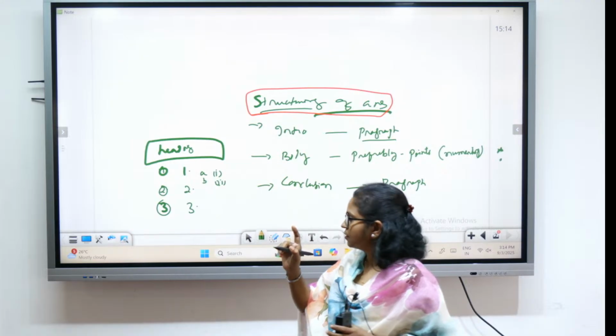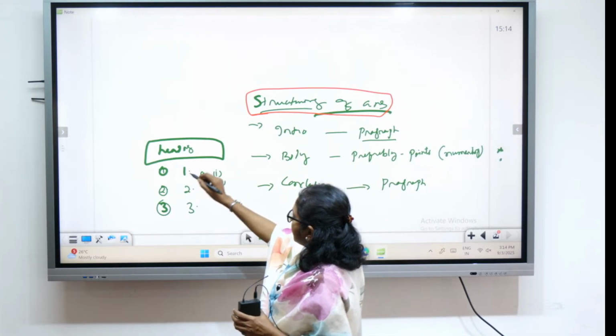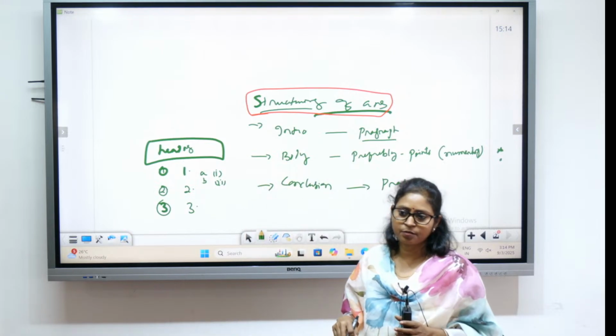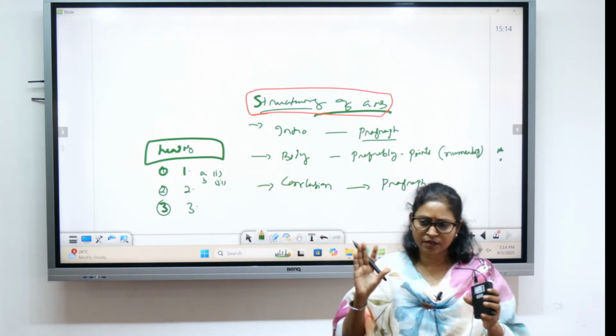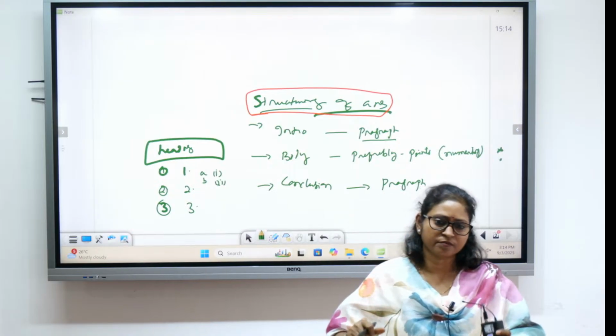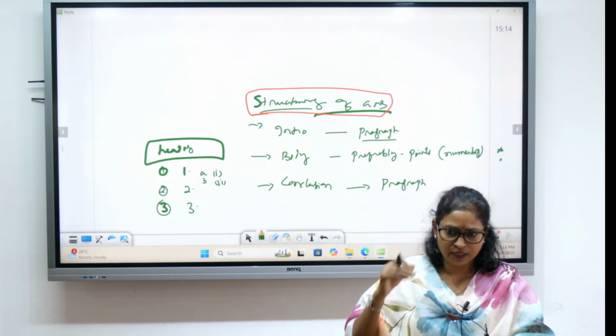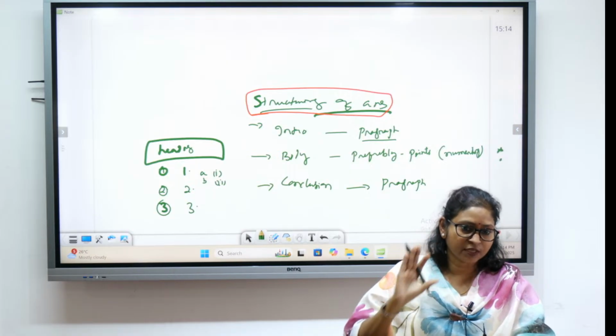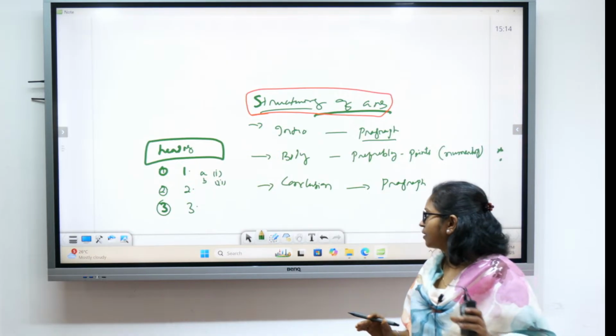Right? And the heading preferably put in a box, so it will be very, very clear what you are writing. Your answer should look very good, well presented, neatly presented. Right? So proper structuring is very, very important.